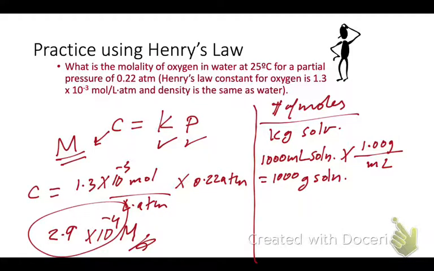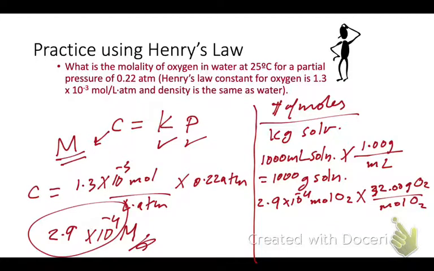Then what you do next, as we have done before, you're going to calculate the mass that comes from 2.9 times 10 to the negative 4 moles of oxygen, and then say there are 32 grams of oxygen for every mole of oxygen.